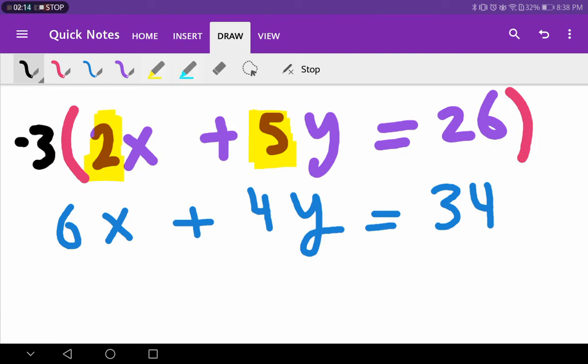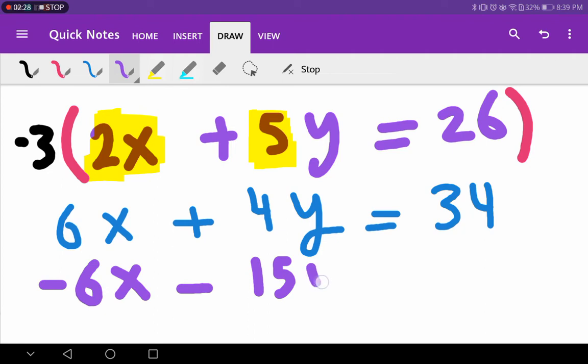Okay, so the first term will be -6x, then -15y, and the last one is -78.